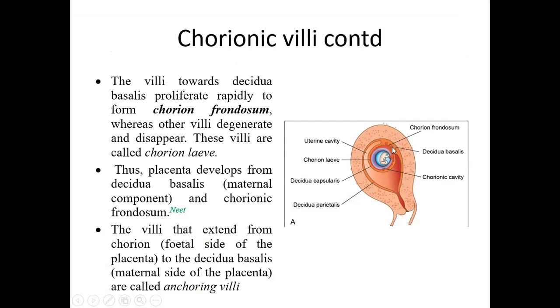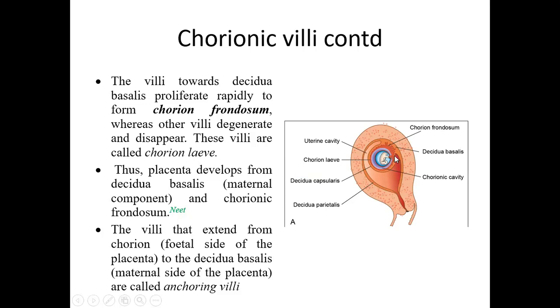Because why would villi be there? They have to draw nutrition, and at all the other places the villi will degenerate and disappear, and these are known as chorionic leave. So beneath the decidua capsularis we have chorion laeve, and at the decidua basalis we have chorion frondosum. Thus the placenta develops from the decidua basalis and chorion frondosum, the maternal and fetal parts.